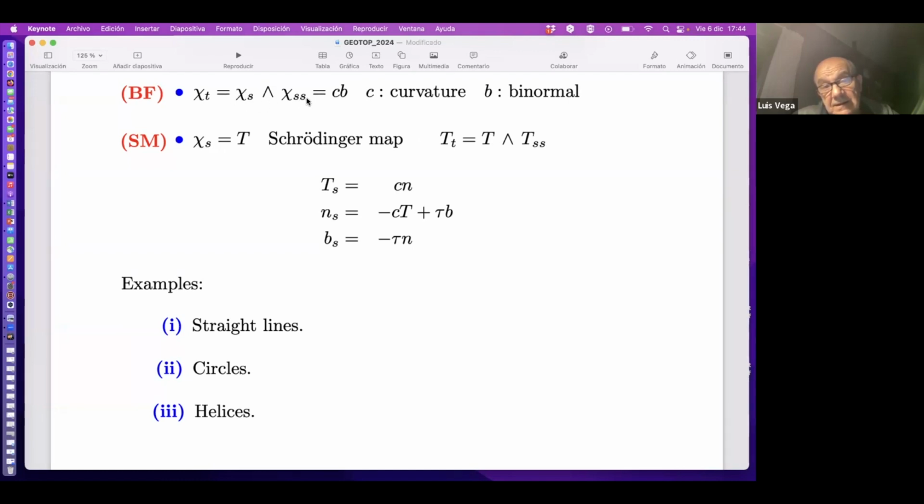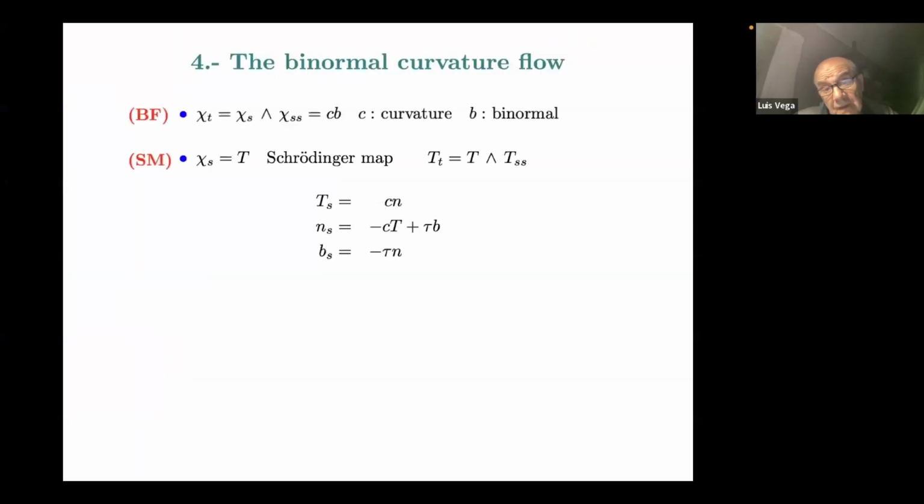So the only thing that can happen is that the S falls here, and then this is what you get. If you think a little bit about this, you will immediately see that this is nothing but the Schrödinger equation, but where the target, instead of being the flat complex plane, is the unit sphere. And if you do a Frenet-Serret, immediately you obtain that this is the curvature times the binormal. It's very easy to see that straight lines, circles, and ellipses are solutions, okay?